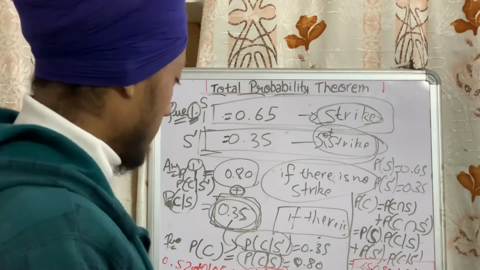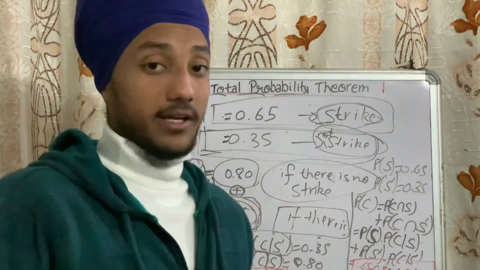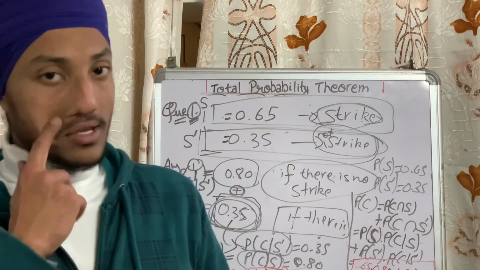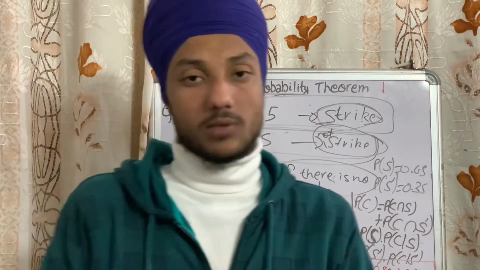That's the other example we have taken. This is how we have done the total probability theorem.